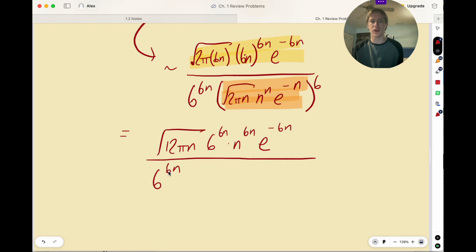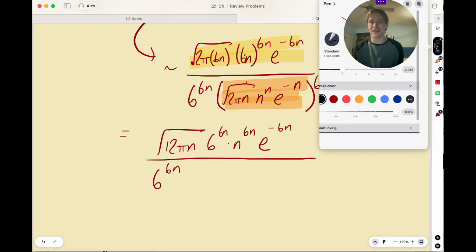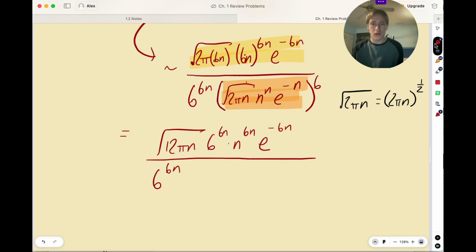So first things first, if you'll recall, the square root of a number is just that number raised to the 1/2 power, which means if I raise each side to the 6th power, that's actually just going to get me 2 pi n to the 1/2 to the 6th, which is the same thing as cubing it.